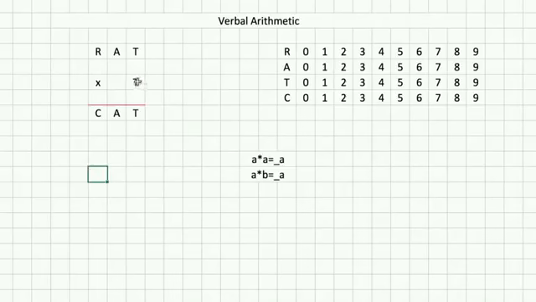But the chances of T being 1 are not there, right? Because then it will become RAT only. If something is multiplied with 1, it's the same thing. So it cannot be 1. Now, either it can be 5 or a 6. Let's assume it's a 6. So if this is 6, what should be multiplied with 6 so that the result is less than 1000?